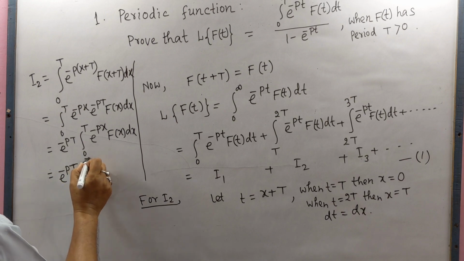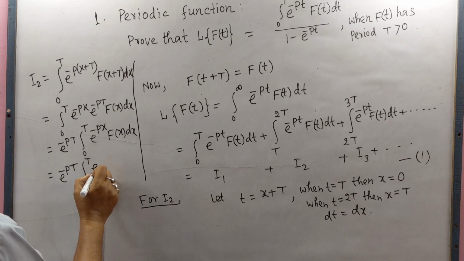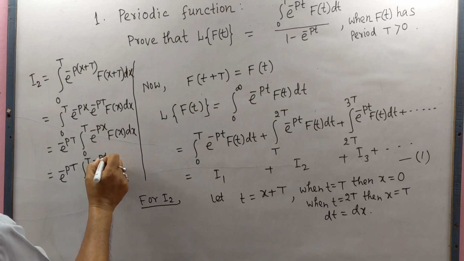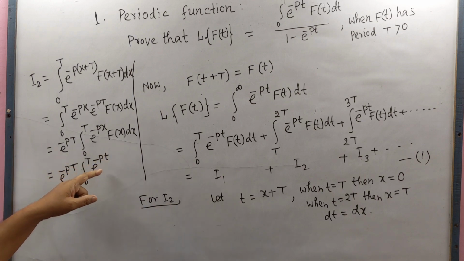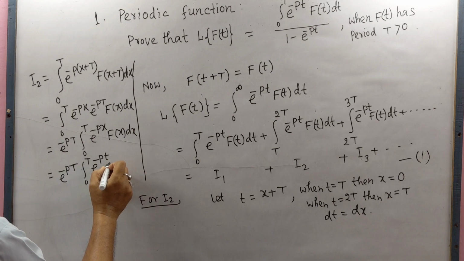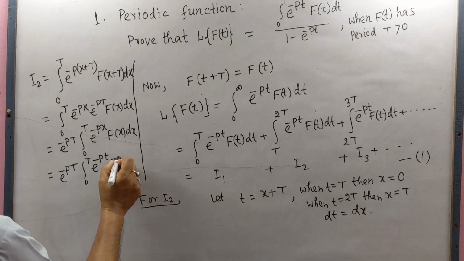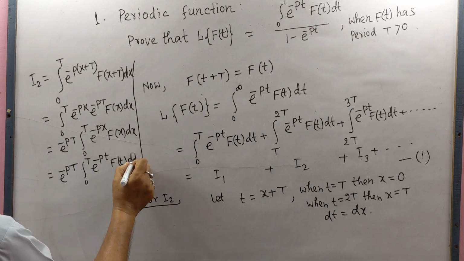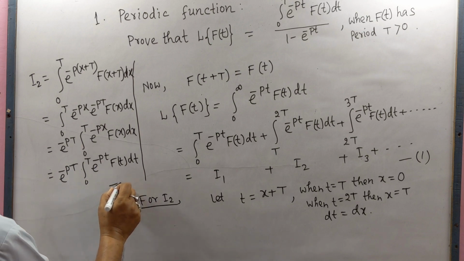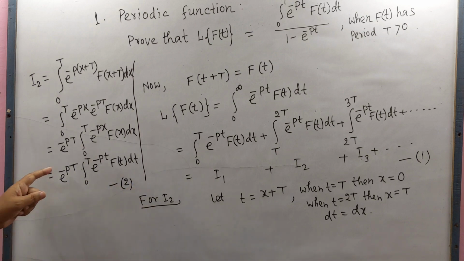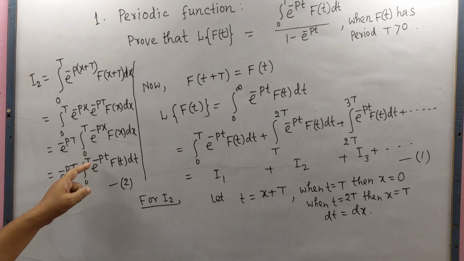We may change the variable of definite integration x by t. So I2 equals e to the power minus pT times the integral from 0 to T of e to the power minus pt f(t) dt.